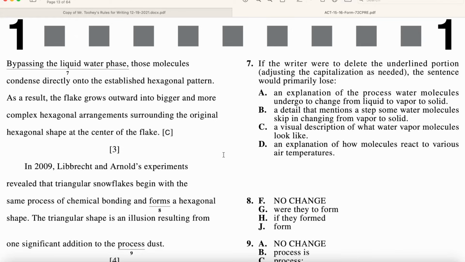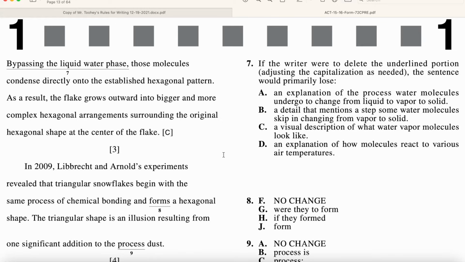I think it's definitely not A. Do you see an explanation anywhere in the underlined portion? I don't see an explanation. There's no explanation in the underlined portion. So I don't think it can be A.